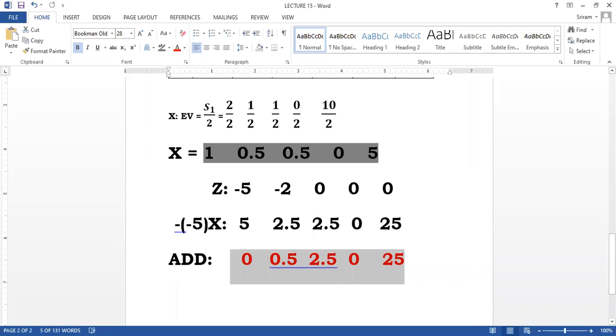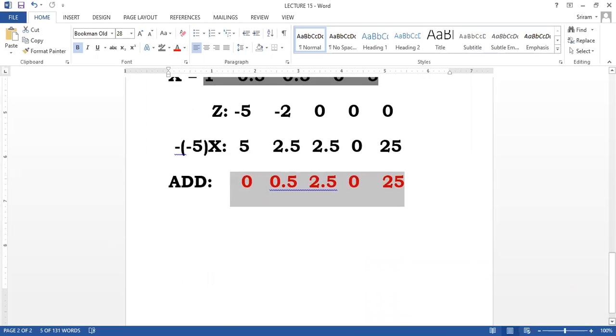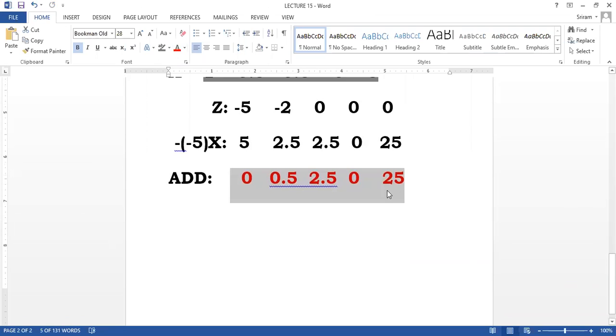Now, in the same idea, I am going to find the value of S2. I am going to take the old S2 value as it is. Then I am going to do the same idea that we did before. What is the value of S2 here?